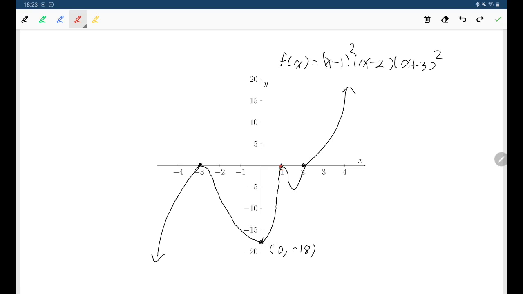I do know that between 1 and -3, it has to go down to at least -18. Maybe it goes down further. This, again, I don't really know, and that's not something that I can tell with the skills that we've got from just pre-calculus. So this is not a graph in the sense that we've got all the features of this function visible in this picture.